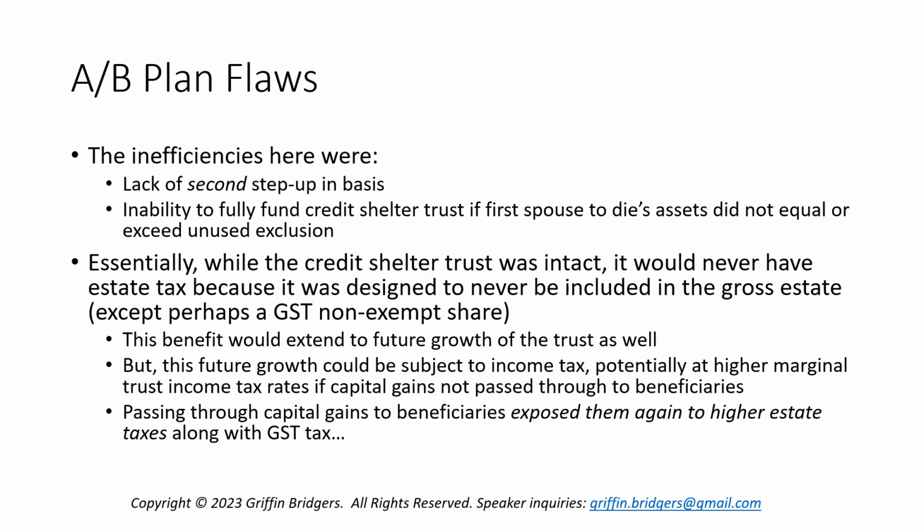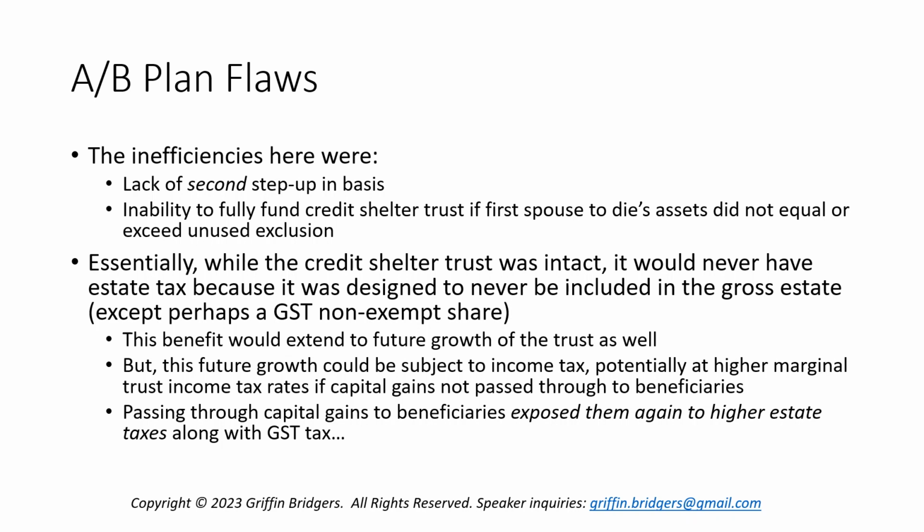But if those capital gains are recognized in the future, potentially they could be taxed to the trust at higher marginal trust income tax rates. The alternative might be passing through those capital gains to the beneficiaries at a lower effective rate. But again, doing that means that trust is no longer intact with respect to those assets.